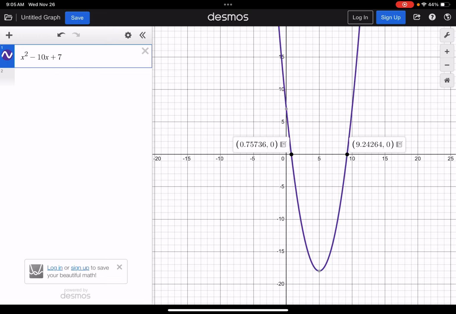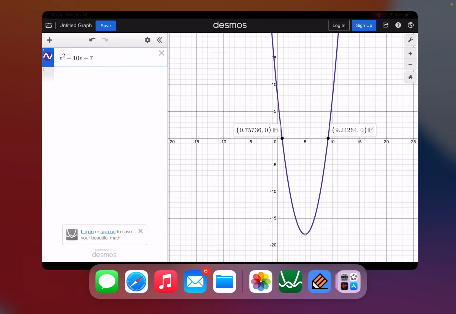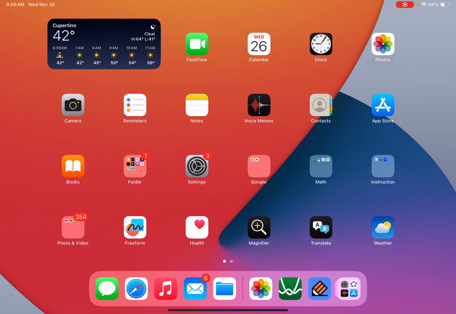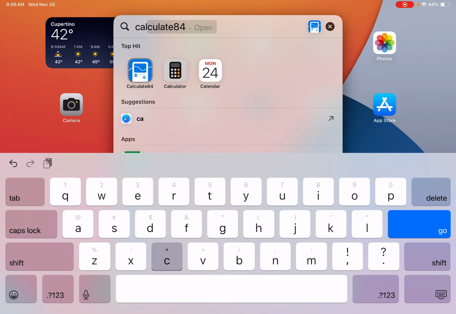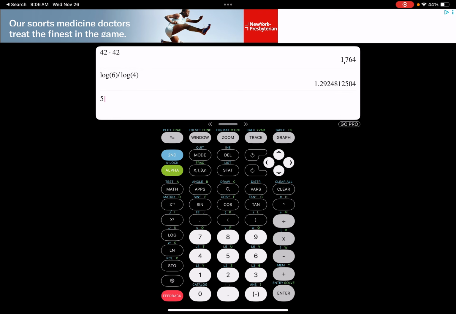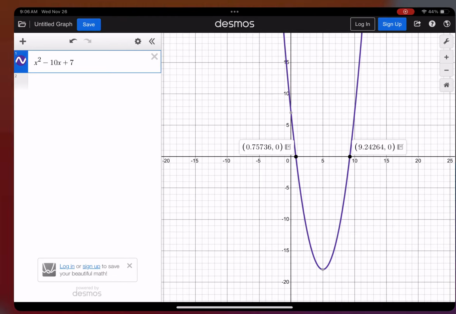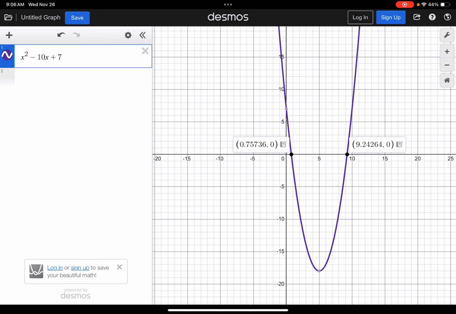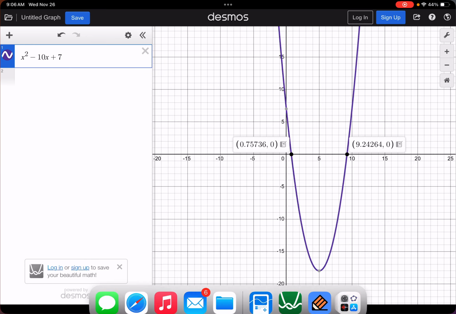And I know you're probably looking at those x-intercepts and saying, that's not what I got. But remember, the square root of 2 is about 1.414. Let's see. So 5 plus 3 times the square root of 2 is 9.2426, which is the x-intercept that we got there.